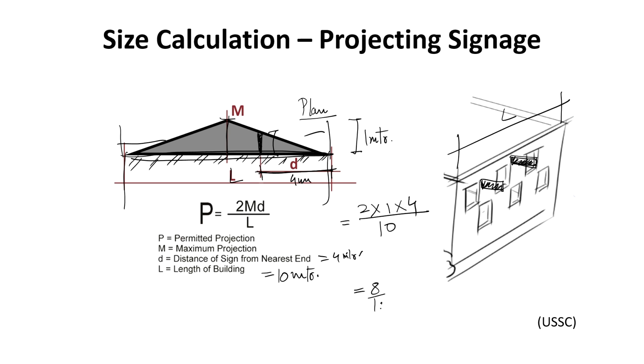So we receive around 0.8, that means 800 mm. This is one way of calculating how we should decide the projection of the sign.